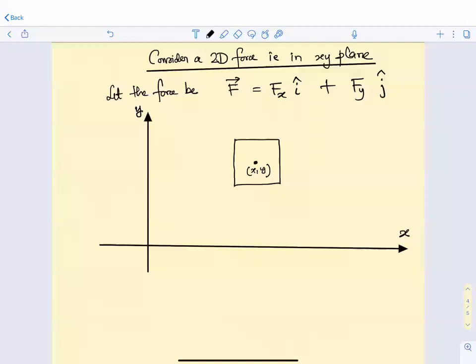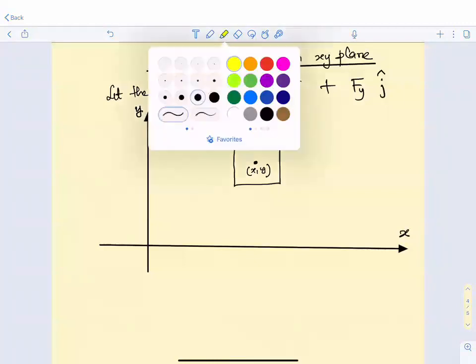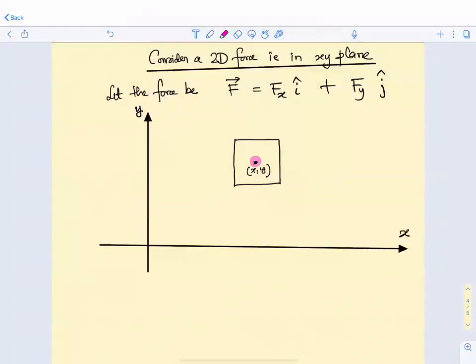So this is a point x, y. It is the midpoint of the rectangle.